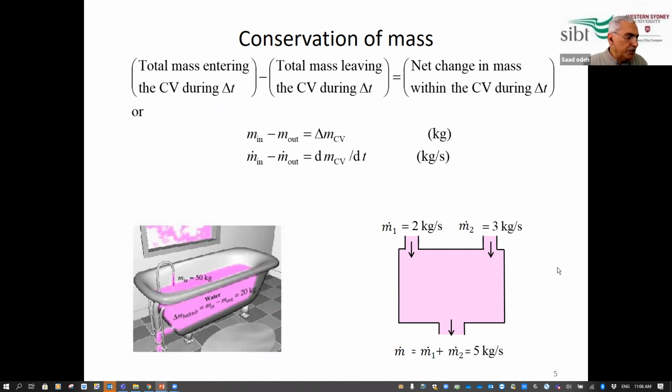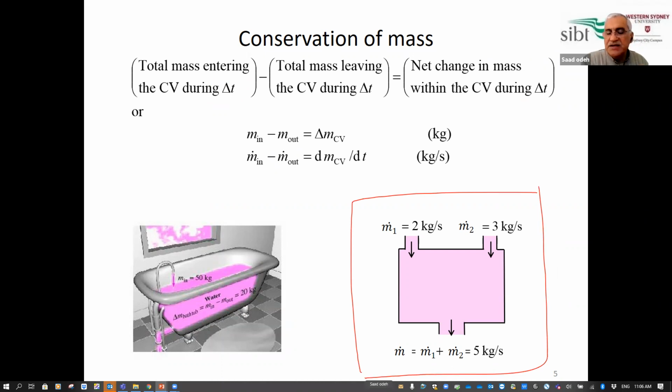All right. And you also can see this example. This is a case where we have 2 inputs and 1 exit. We have such types of systems in many applications. For example, let's say we have an airflow, and in the meantime, we have another fluid, for example fuel or gas.